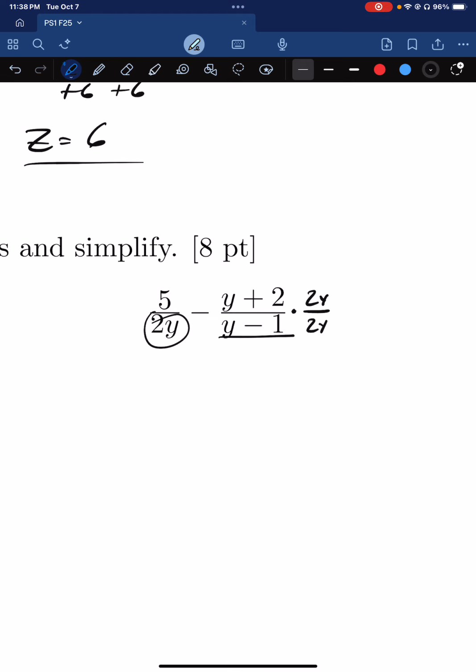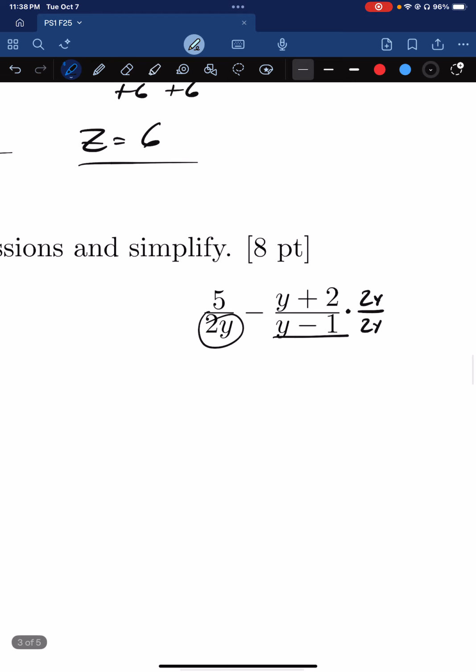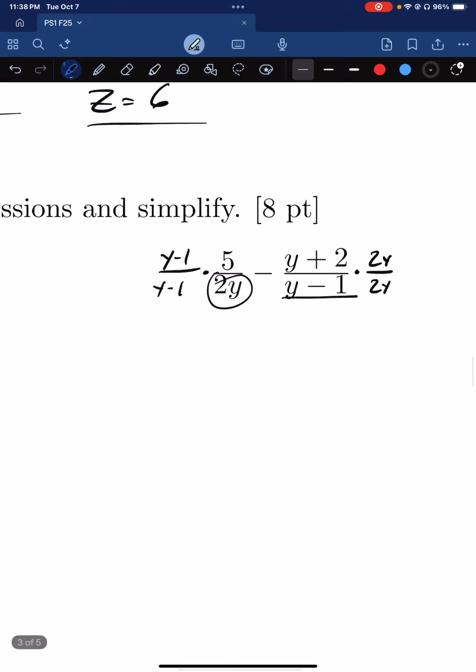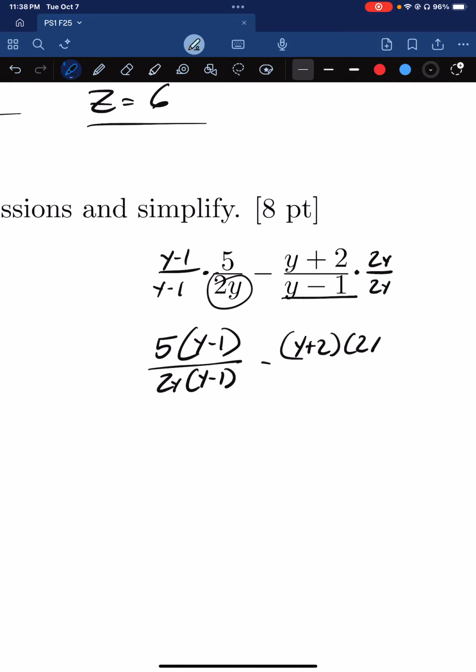This one has a 2y, but it's missing a y minus 1. So I'm going to multiply by y minus 1 over y minus 1 here. And things should combine. So we get 5 times y minus 1 over 2y times y minus 1, minus y plus 2 times 2y over 2y times y minus 1.